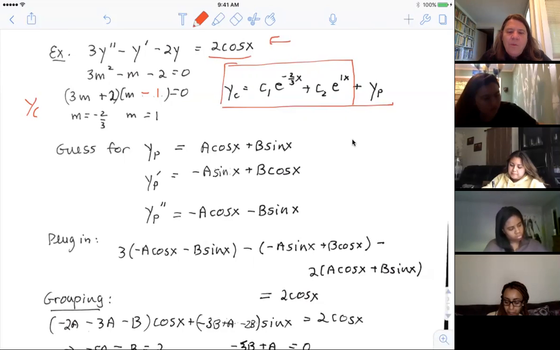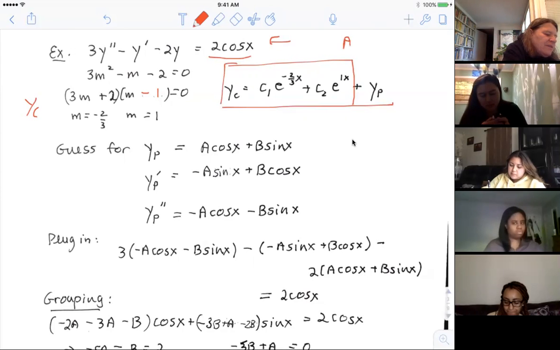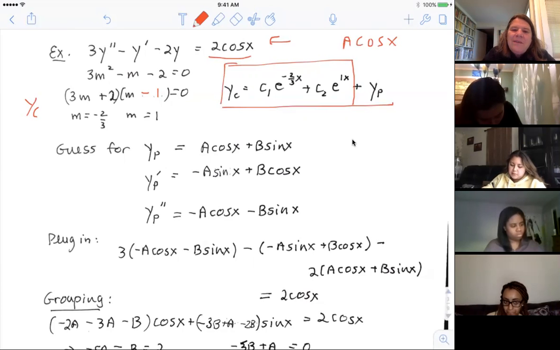So you might think, well, maybe I just need to make this thing look like a cosine x. A, because we don't know what the constant might be. So a cosine x, but that's not going to be enough, because if I were differentiating that, not only would I get cosines, I would get sines. As a matter of fact, in the next derivative, I'm going to get a sine.